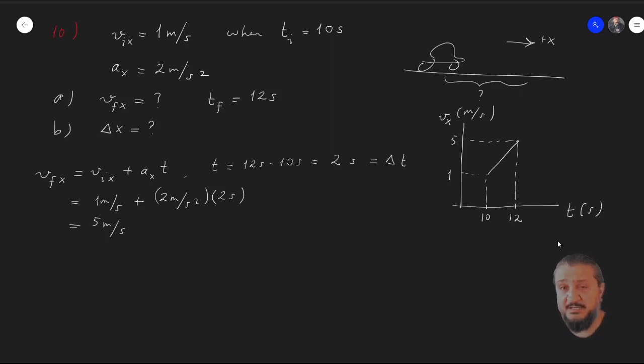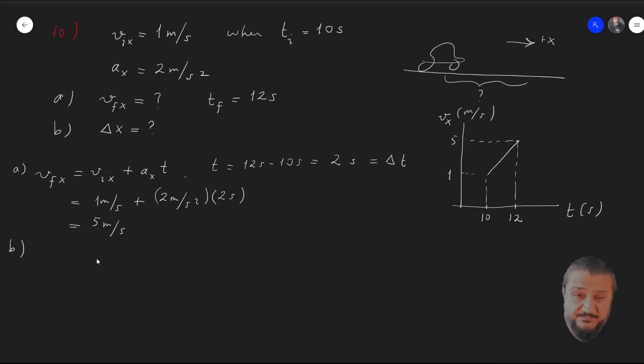Now, if you wish, for part B, you could find the area under this and you'll be done. We can use it for confirming our answer, but let's just use the formulas we derived. So part A used one of the formulas. For part B, we need delta x. So let's use one of the 2 formulas. Why do I say 2? Because we have 2.